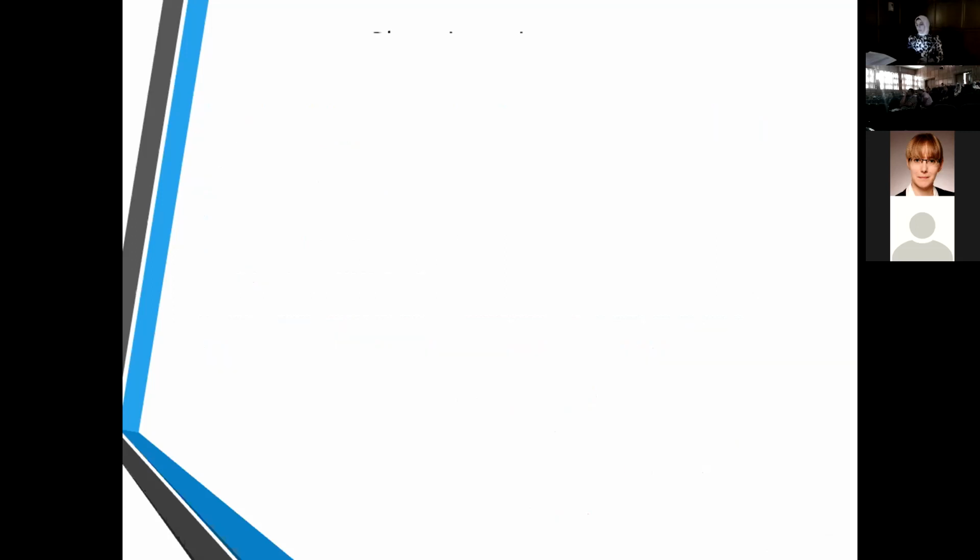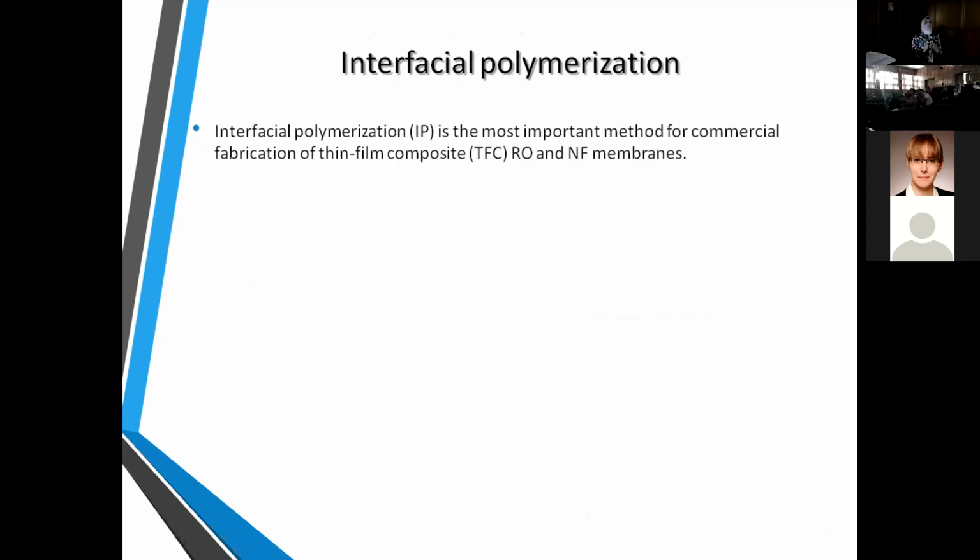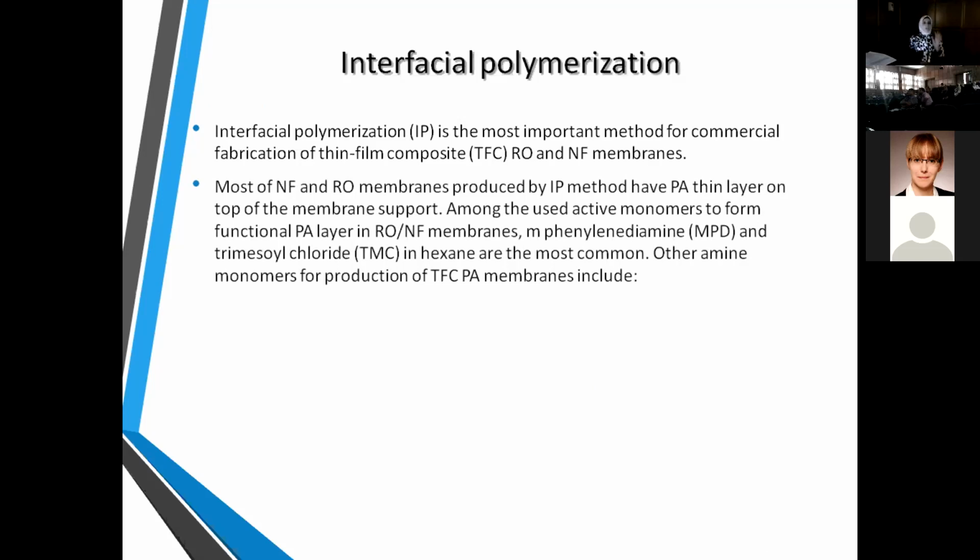Interfacial polymerization is the most important technique in the commercial fabrication of thin film composite layers. It mostly takes place in reverse osmosis or nanofiltration membranes, and the commonly used polymer is metaphenylene diamine with trimesoyl chloride.